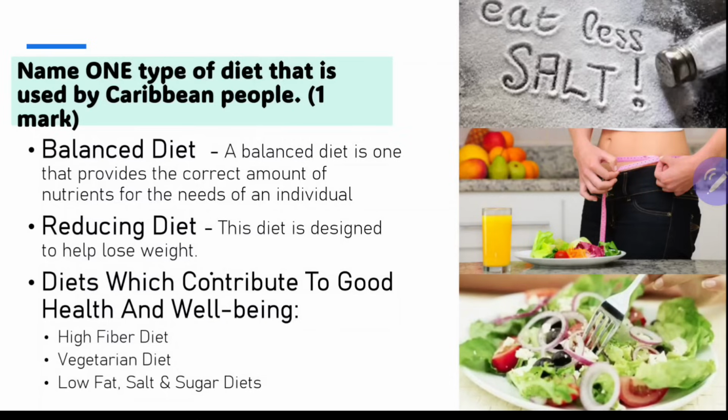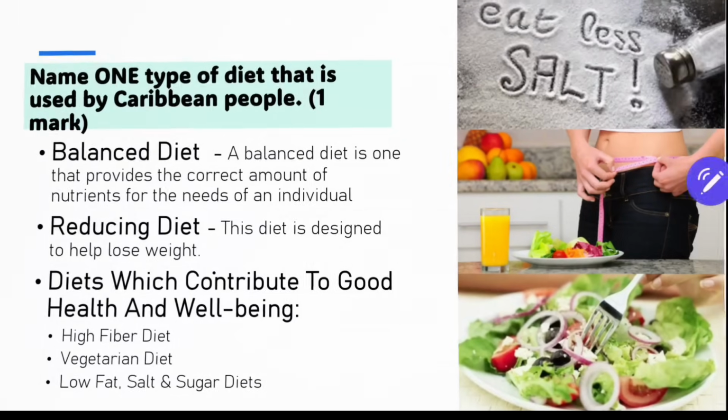So just having balanced diet or reducing diet or high fiber diet is good enough to get you your 1 point. But seeing that we're revising, it would be nice to remind you what these diets entail, because you may not get a question that says name the diet, but it may say describe or explain, right? So it will pull on your knowledge that you need to know these content.